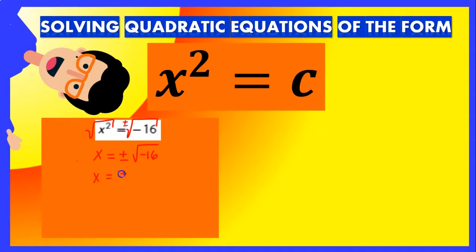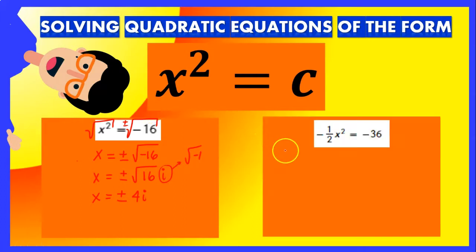You have to remember that whenever we have the square root of a negative number, it is going to have an imaginary number. So we are going to put our i. So x is equal to plus or minus the square root of 16, which is 4, and don't forget the i. Remember that the i stands for the square root of minus 1.